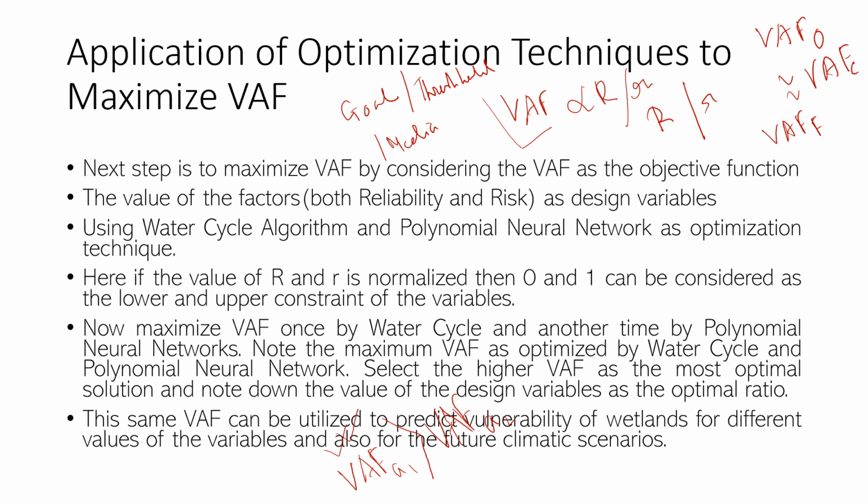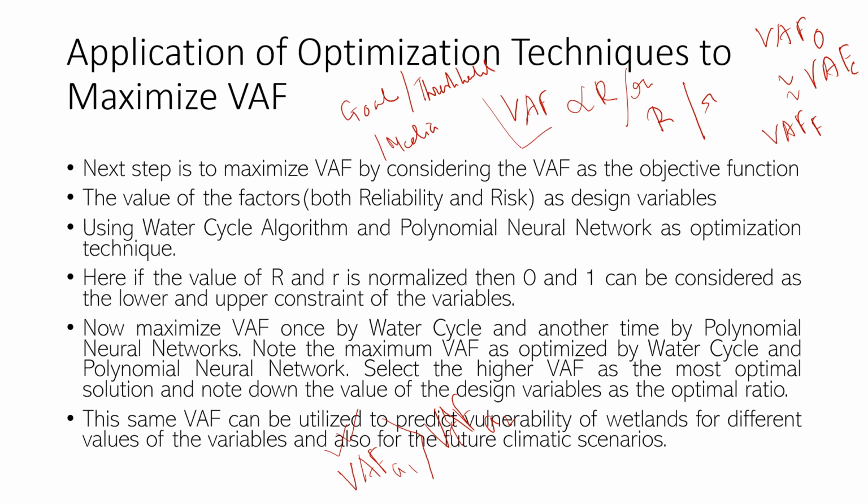If the current VAF is more than the optimal VAF, then this wetland is not vulnerable at all. But if it is very much lower compared to this optimal VAF, then it is under stress or under severe vulnerability.